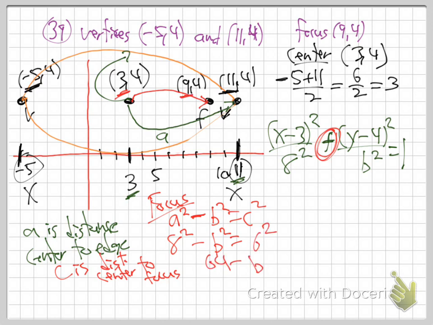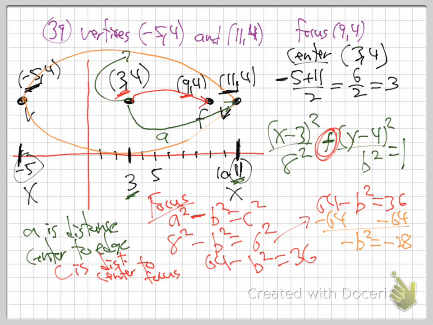So 64 minus b squared is 36. We're almost there. Subtract the 64. Minus b squared is minus 28. Yep, divide by -1. B squared's 28.